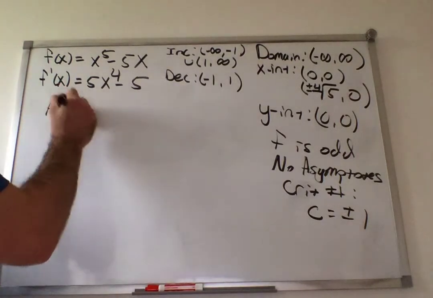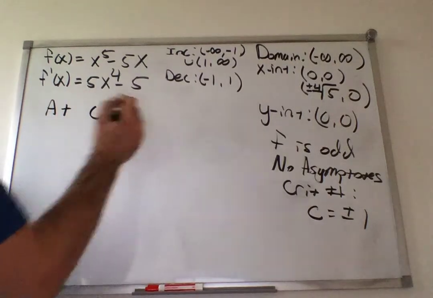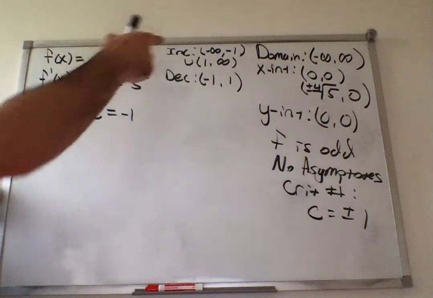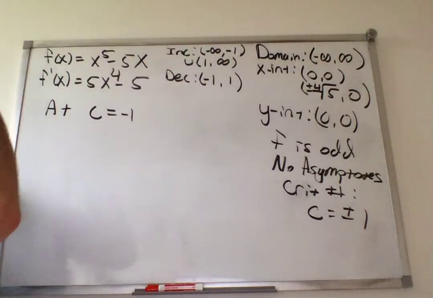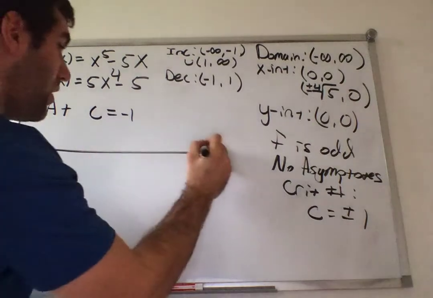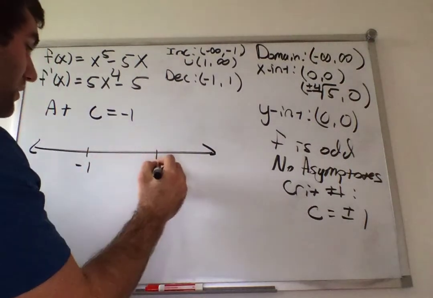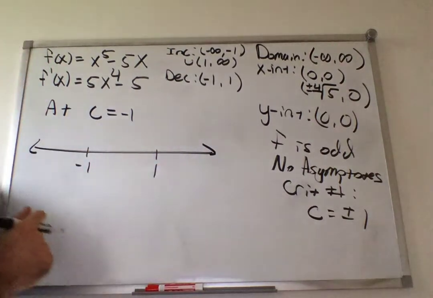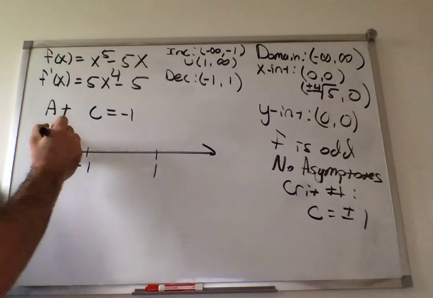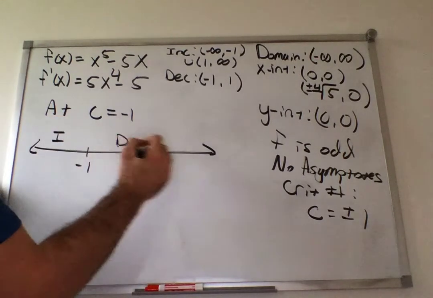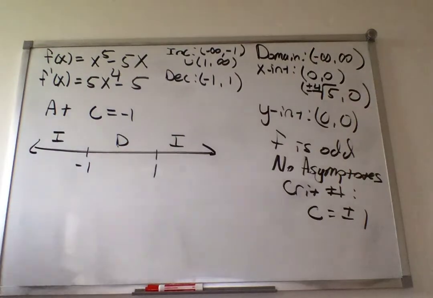So, at c equal to negative 1, if you look at what we found here, let's draw our number line again. Right here's negative 1, right here's positive 1. Over here it was increasing, over here decreasing, over here increasing.